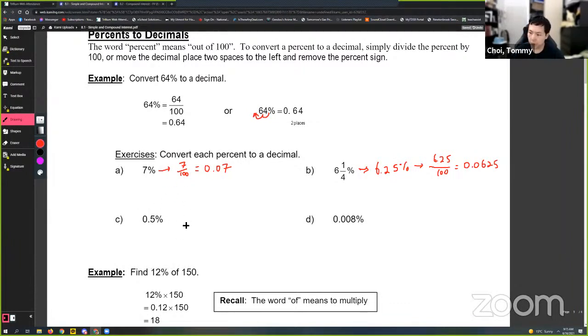Then we have 0.5%. Once again, doesn't matter if it's a decimal. If it's a percentage, you can always divide by 100. That's going to give us 0.005. And what about this last one? 0.008 divided by 100. What does that give us?